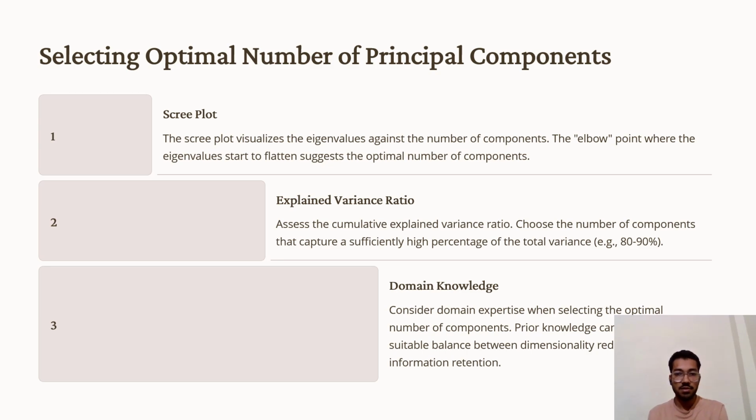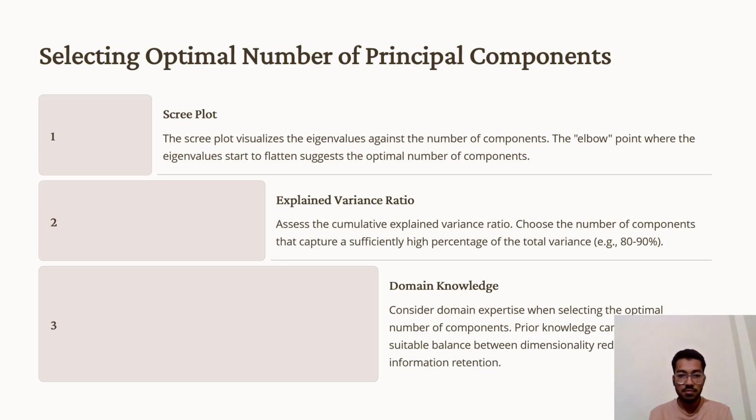Selecting the optimal number of principal components. First, scree plot. The scree plot visualizes the eigenvalues against the number of components. The elbow point where the eigenvalues start to flatten suggests the optimal number of components. Then second is explained variance ratio. Assess the cumulative explained variance ratio.